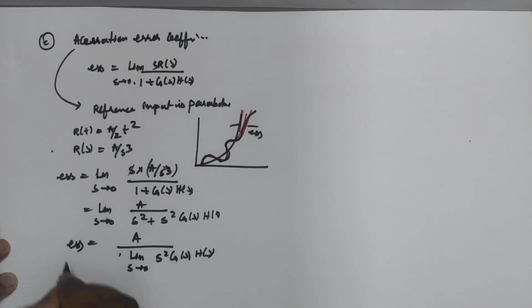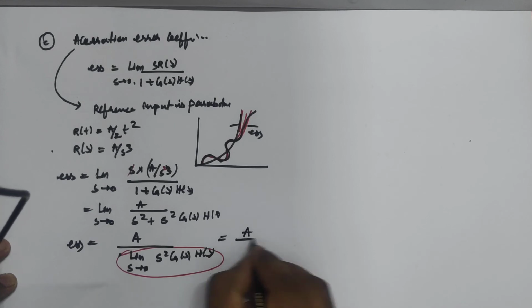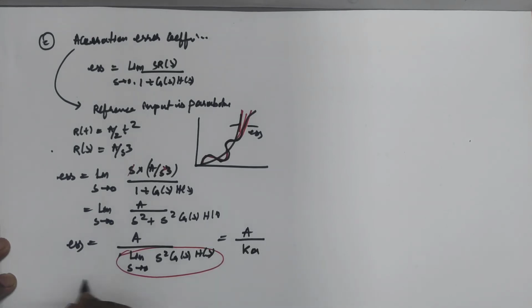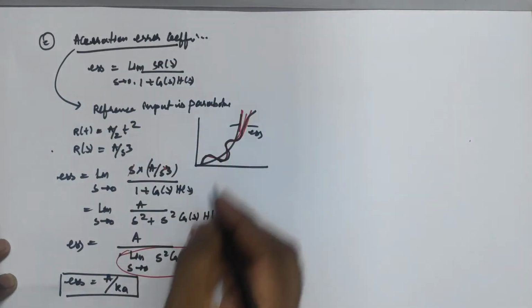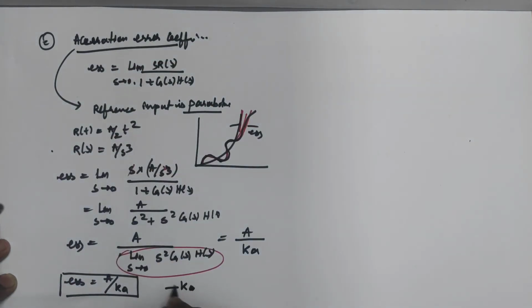Substituting s, this term goes to 0, so we directly have a over limit s tends to 0 of s square g of s h of s. Now we have another constant, which I will name ka, so e_ss equals a by ka, the steady state error for the parabolic input, where ka is limit s tends to 0 of s square g of s h of s. These are the terms you need to know.